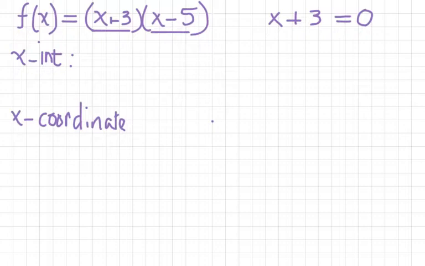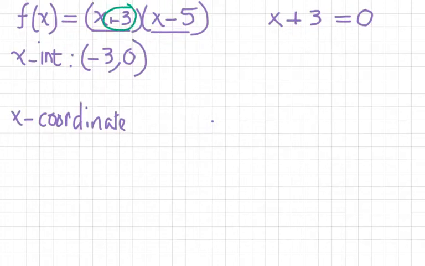Well, -3 does. So -3, and I know when I have an x-intercept, my y value is always 0. And I therefore notice that it seems to be the opposite of that value right there. So instead of +3, I've got -3.